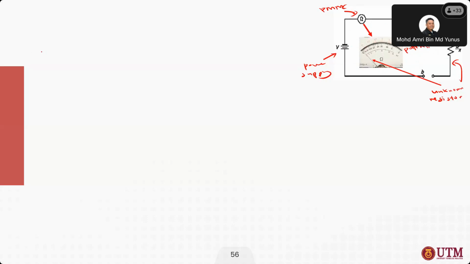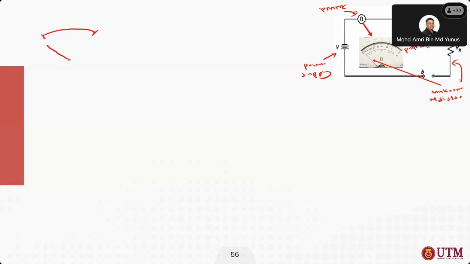So we know that on the PMMC, the deflection is caused by the interaction between the input current and the permanent magnet.